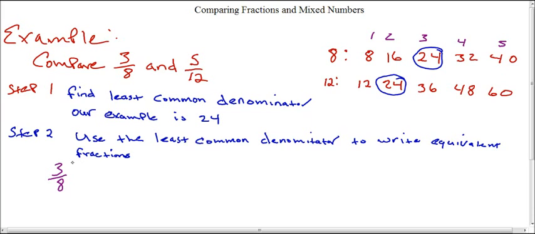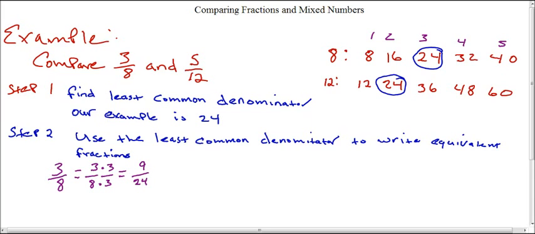In order to get our equivalent fraction, we multiply both top and bottom by 3. 3 times 3 is 9 and 8 times 3 is 24.